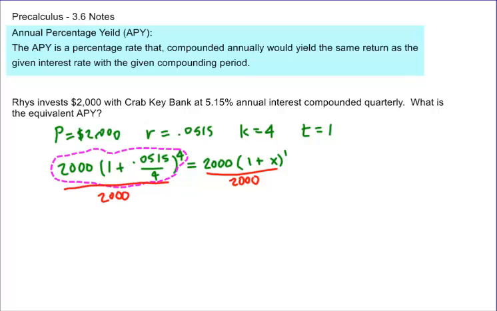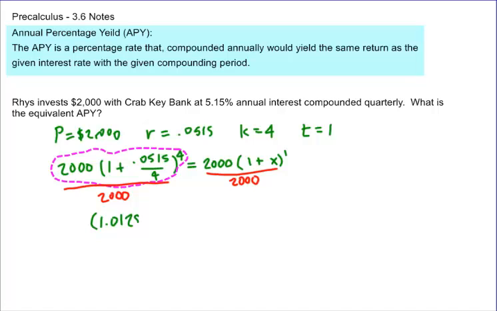We can't divide those guys with exponents on them because they're tied up with those exponents. And so then what I have on the left, and we can go ahead and work out that problem on the left, 1 plus 0.0515 divided by 4. So on the left I have 1.0, and I'm going to go ahead and write out the whole decimal.